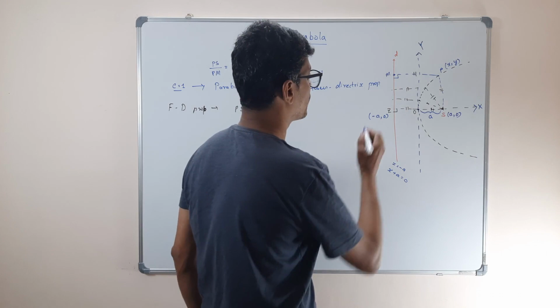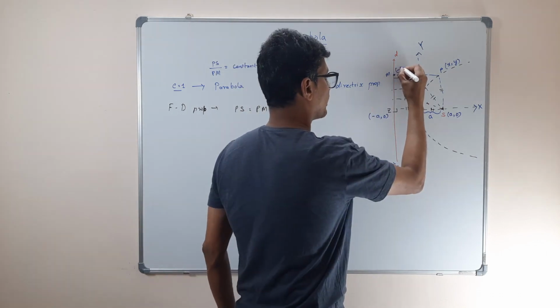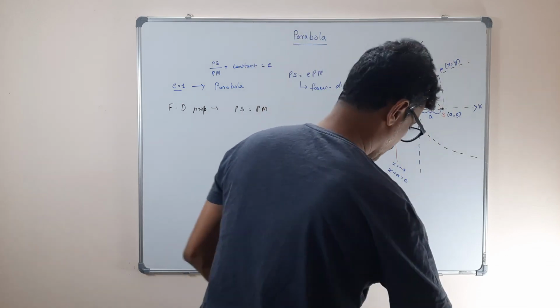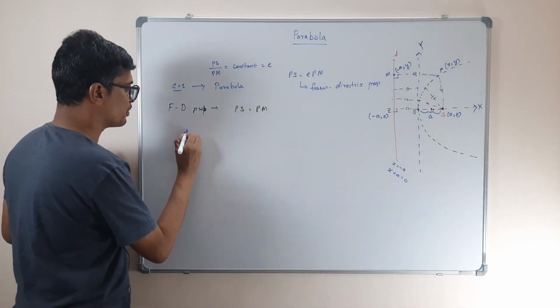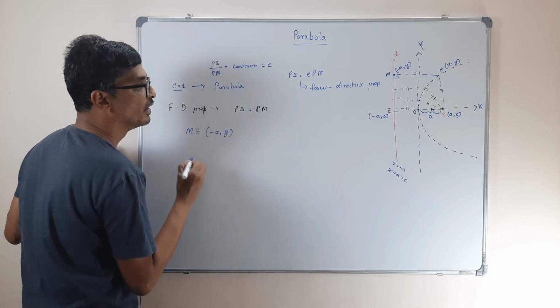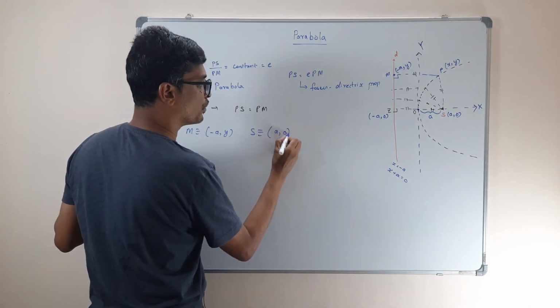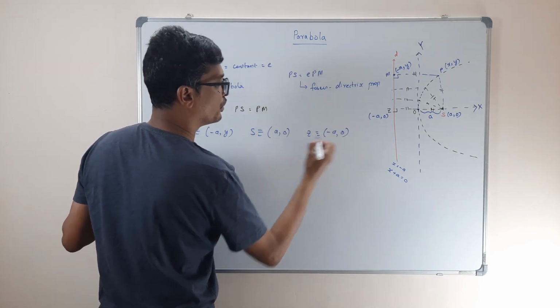Correct? So of course, for this point, what will be the x? Minus A, correct. Minus A, and y will be the same y. Am I right? So these are all the points we have. The point M is minus A comma y. Point S is A comma 0 and point Z is minus A comma 0.